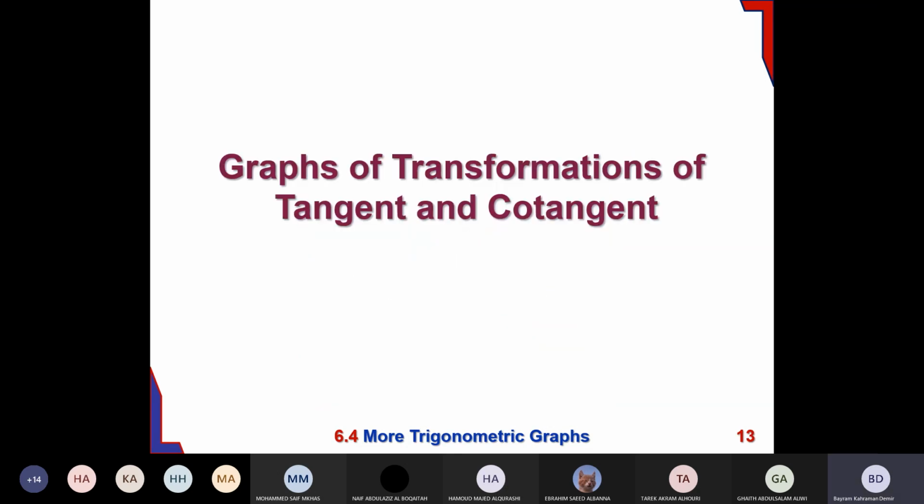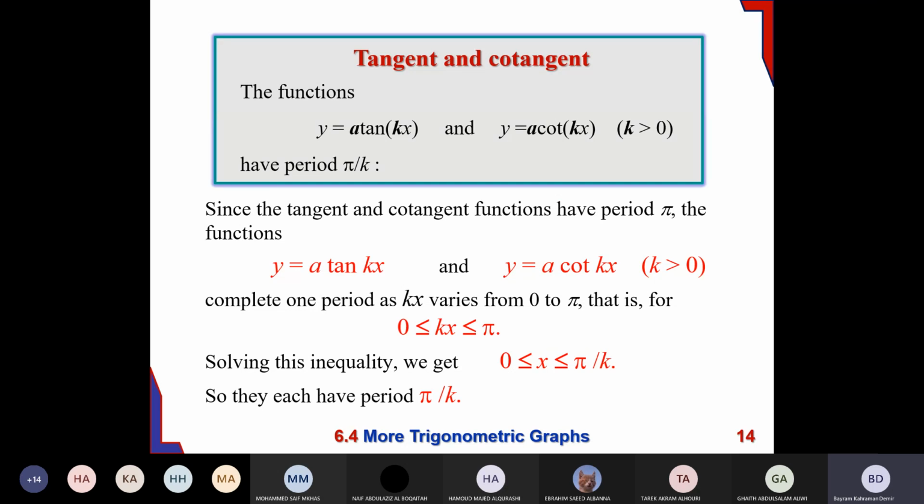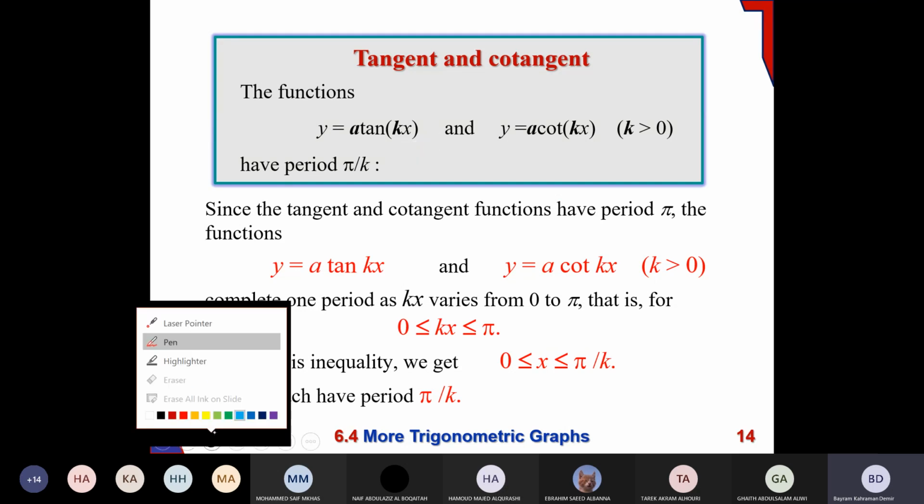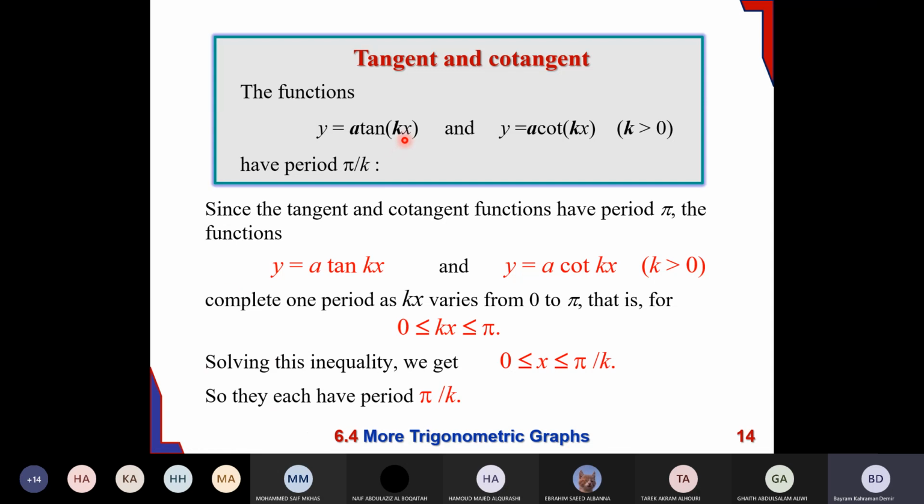All right. For the transformations, Shabab, if you have a tangent or cotangent of kx, then the new period will be pi divided by k. For example, if you have tangent of 2x or cotangent of 2x, the period will be pi over 2.